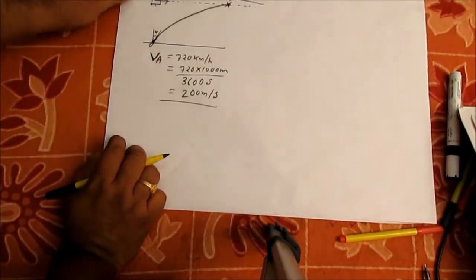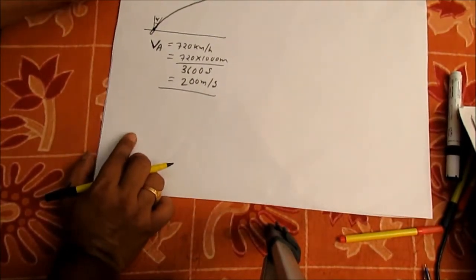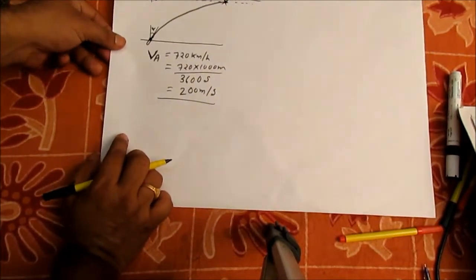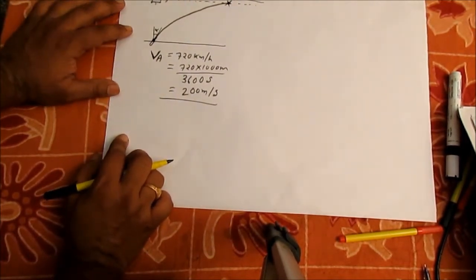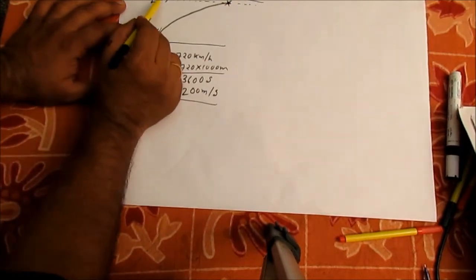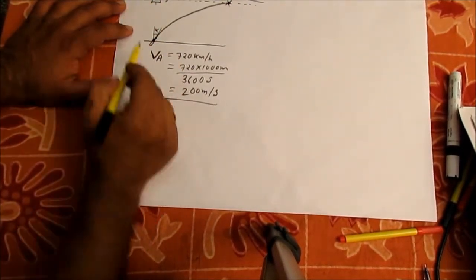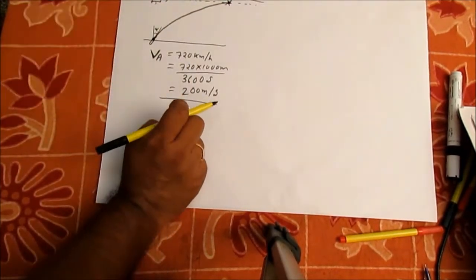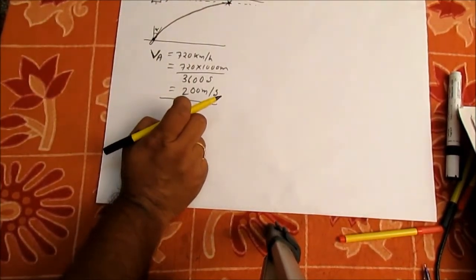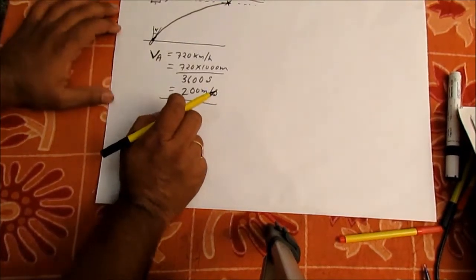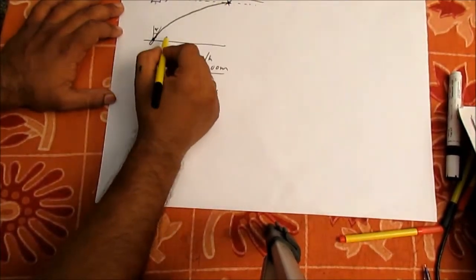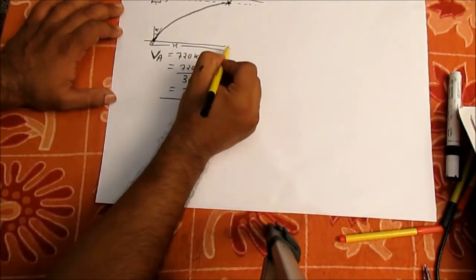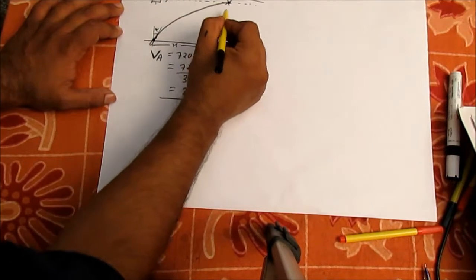Now first we will apply the equation for the aircraft. There is no acceleration on this aircraft, and it is moving with the velocity of 200 meter per second. Suppose they are colliding at this position, and this distance is x.